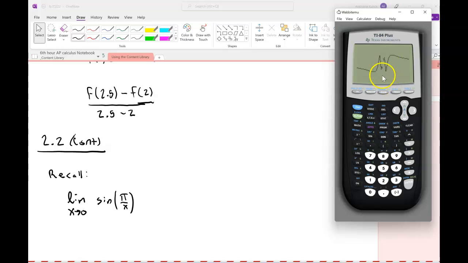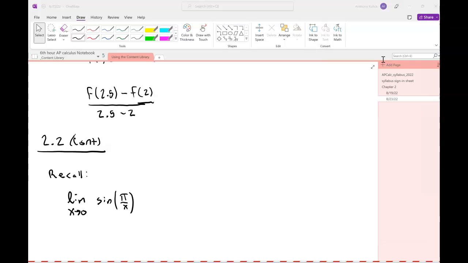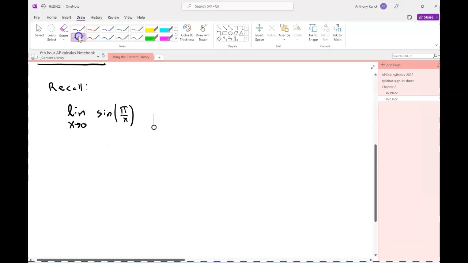If I'm looking at the vertical line x equals 0, this is the stuff that's happening on the left side, and this would have been the stuff that's happening on the right side. Is everybody okay with that notion? Okay, so let's write that down.